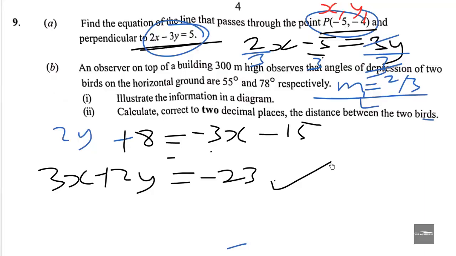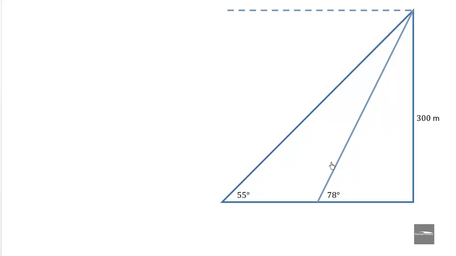So this is how we go about it. This is how the diagram will look like. Great. So if the diagram is like this, then this is what we can do. The observer is here, and the angle of depression to the first bed is 55 degrees.